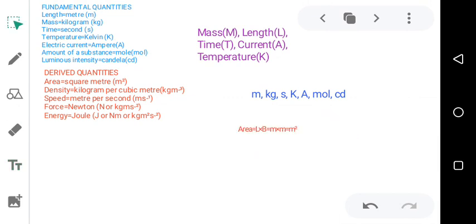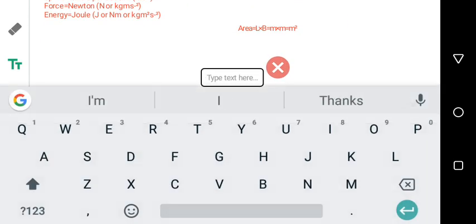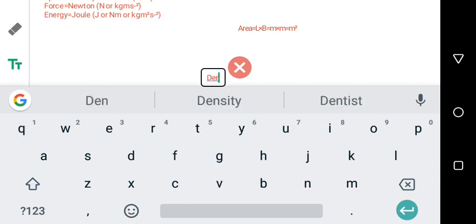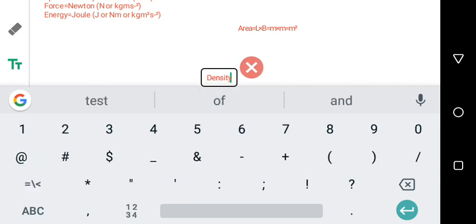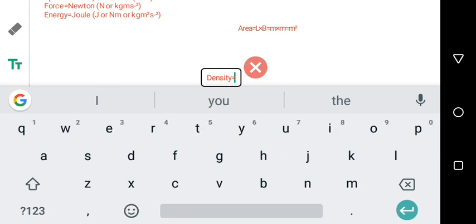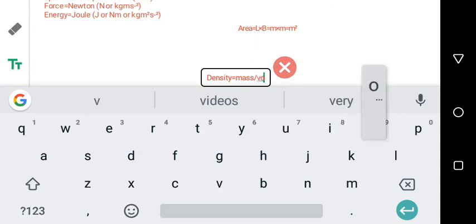Let's look at another. Let me use the density. Remember, you know the derivation, that's the formula by which the quantity is calculated. Density is what? Mass divided by volume.